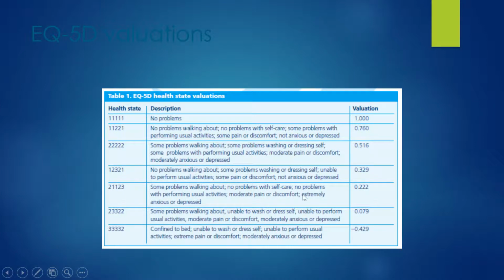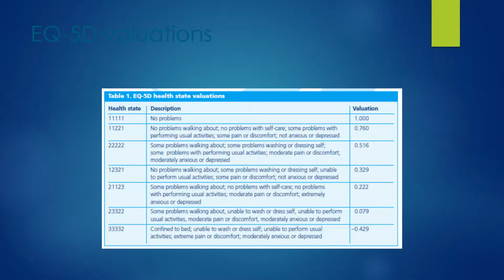And you can see that because of that, one is ranked as a quality of life of 0.329, while the other is ranked as 0.22. So you're going to get a value based on filling out the survey, and that value will be your quality of life. Then you multiply it with the survival. For example, I'll show you.